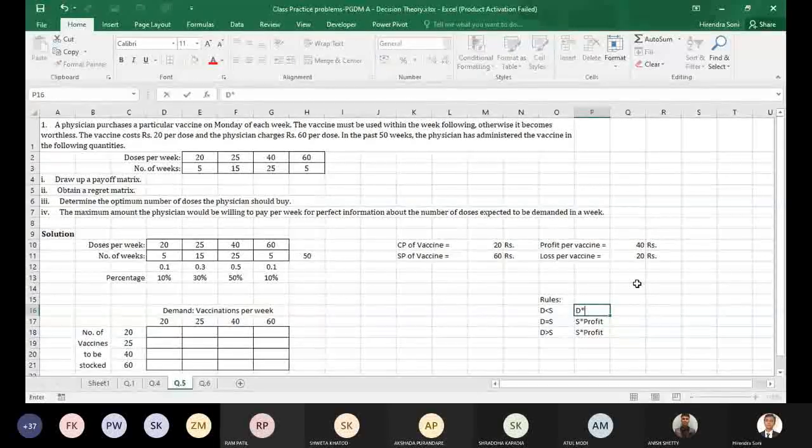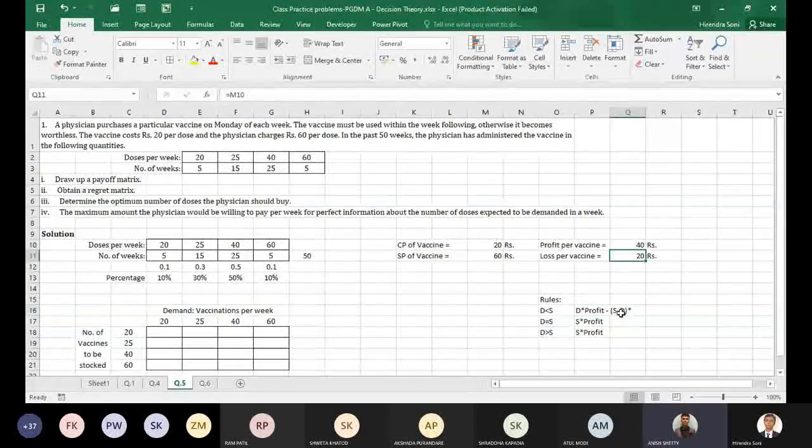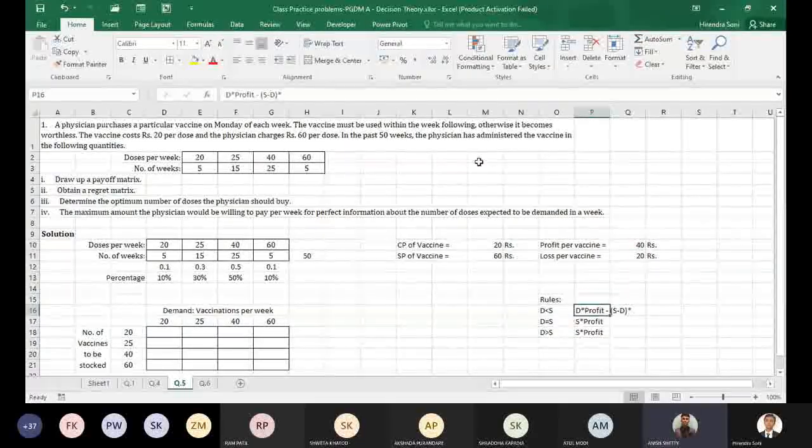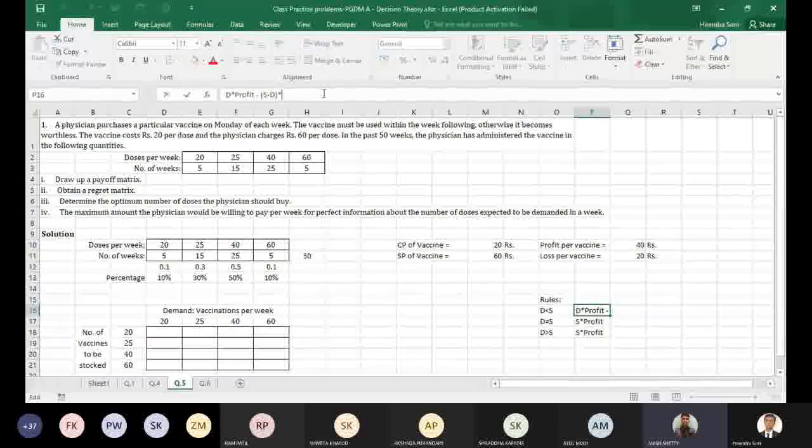So demand into profit, minus supply minus demand, whatever is the difference, supply minus demand into the loss. It is directly the loss, meaning that much money is lost. So what happened?